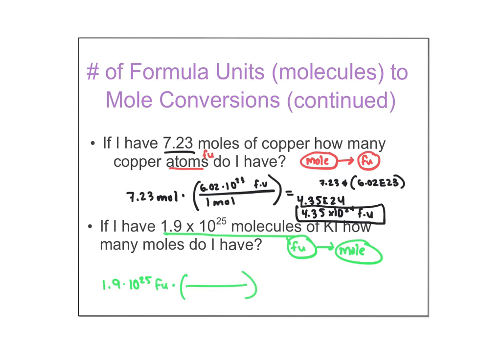If you look at your islands, we're going to put 1 mole on top, 6.02 times 10 to the 23rd FU on the bottom. So here's what I'm going to do.